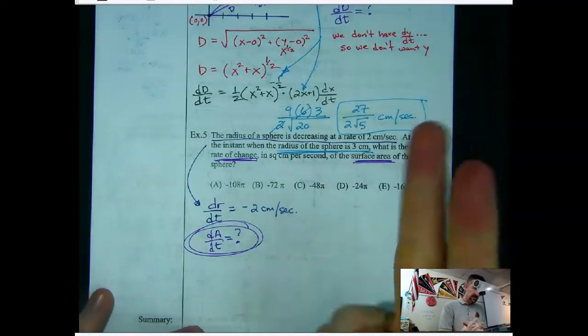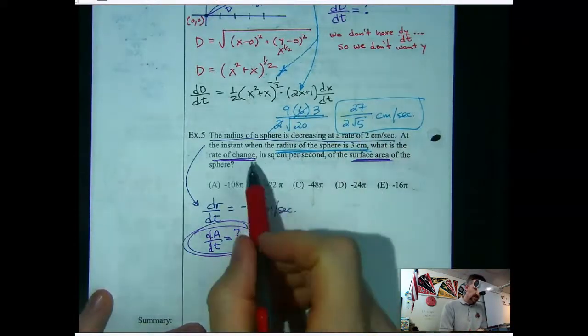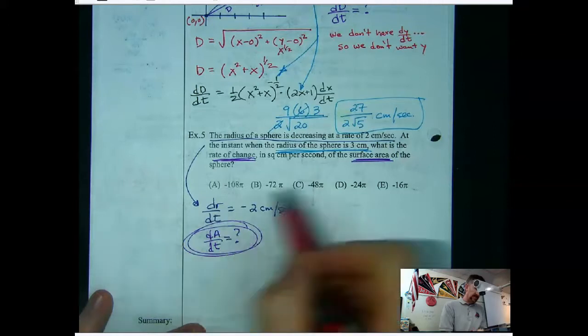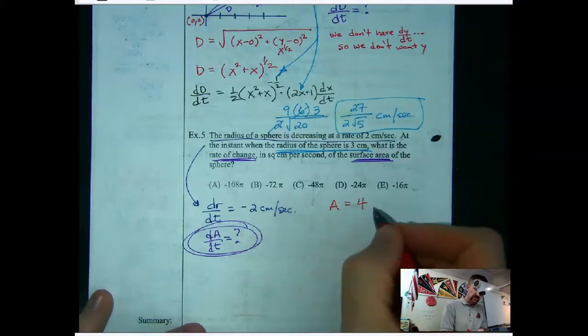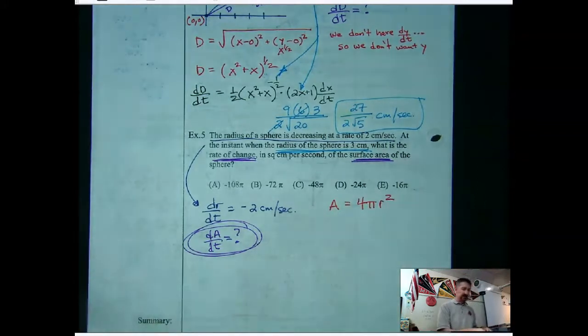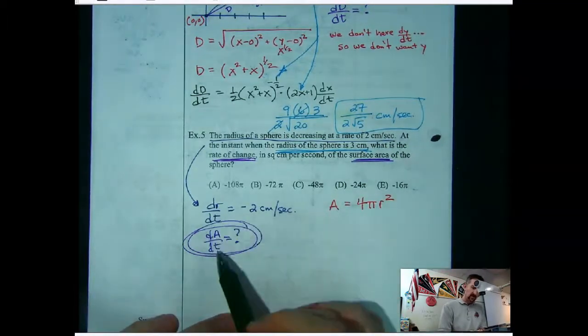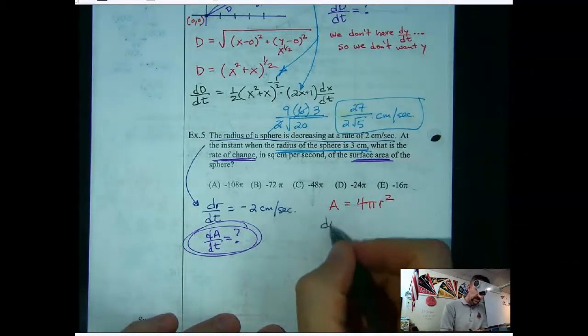So step 3 is the equation. We're talking about the surface area. So the formula for surface area, we talked about that on the other side, is 4 pi r squared. So that's step 3. There's no changes. Those are the only variables involved, r and A. So now we can take the derivative.